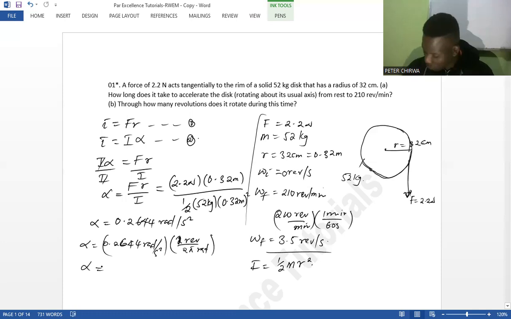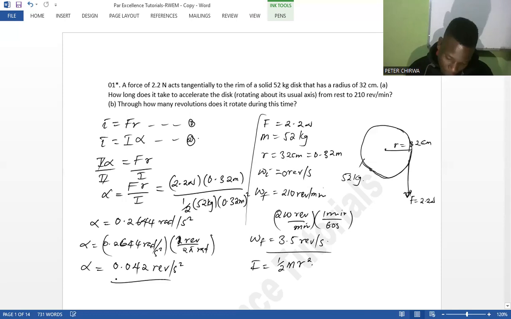So you punch that one, and what you're going to get is 0.042 rev per square second. So this is our angular acceleration.